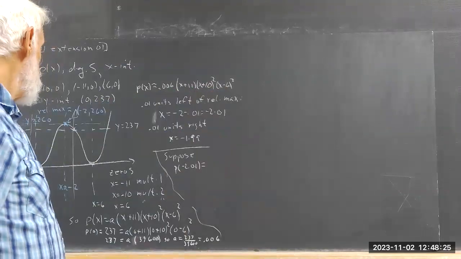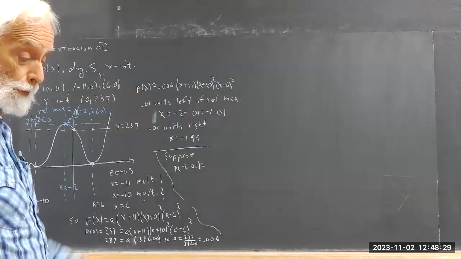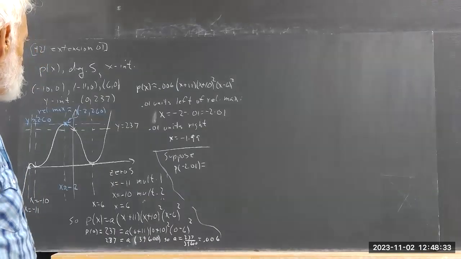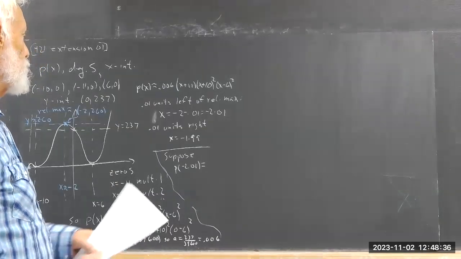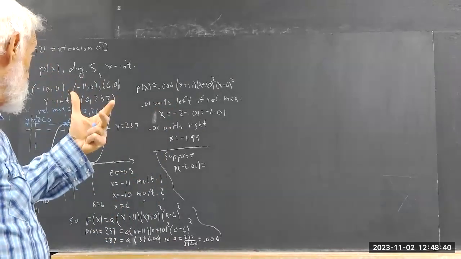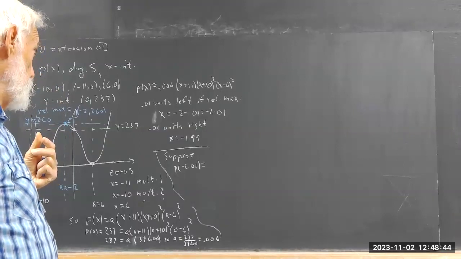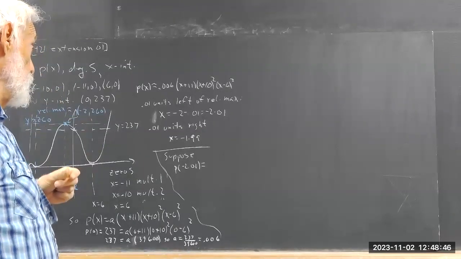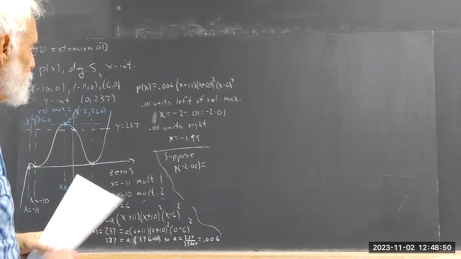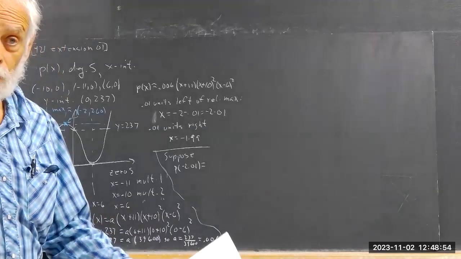And 8 squared, another 64, 500 is about 30,000. And then that's times 0.006. Too far off from 260. About 180.